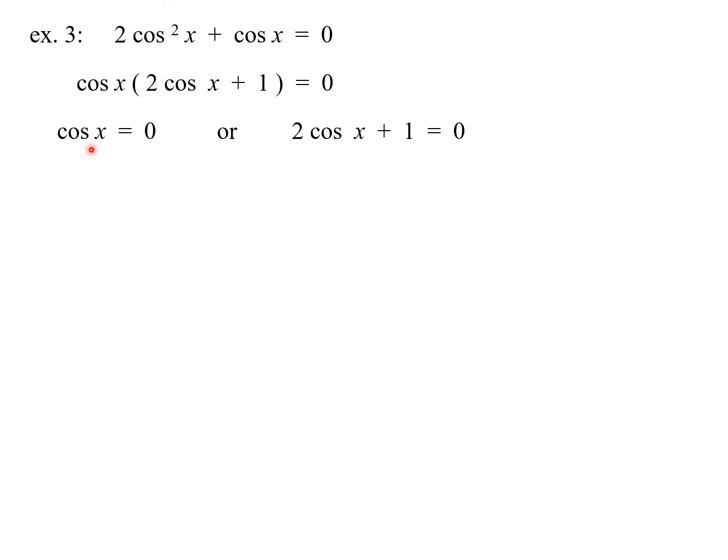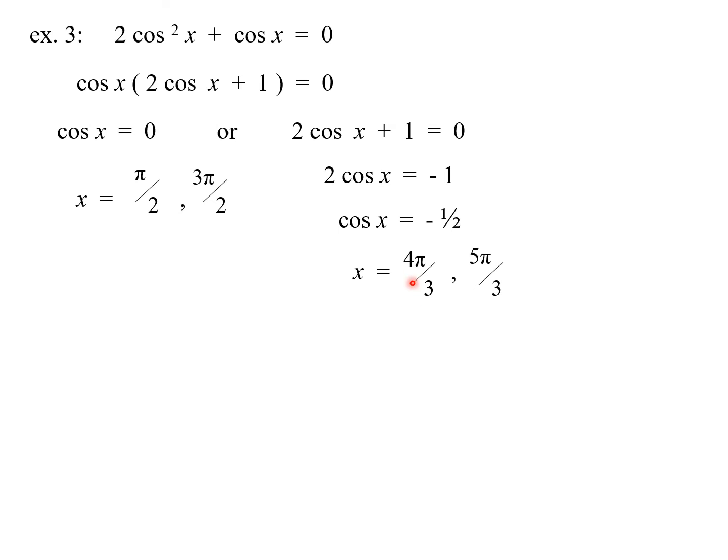If cosine of x equals 0, that means x is equal to either pi over 2 or 3 pi over 2. And then if 2 cosine of x plus 1 equals 0, I'm going to subtract 1 from each side, and then divide by the 2, and the cosine is negative 1/2 when the angle is either 4 pi over 3 or 5 pi over 3.